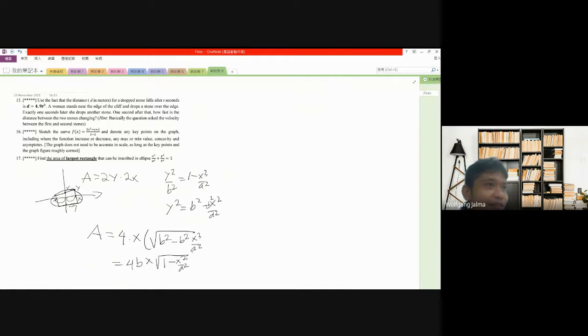Yes. You can do the second derivative, but I think just comparing is faster. I mean, because we are sure it is an extreme point, right? It is either bigger or smaller.